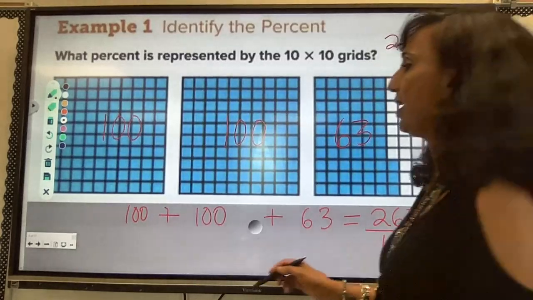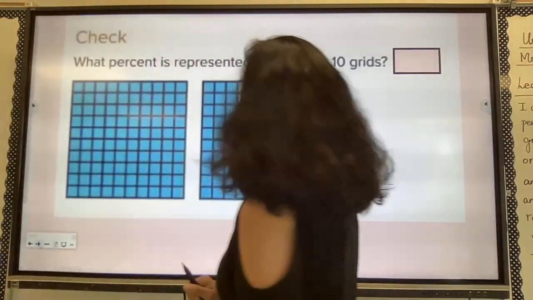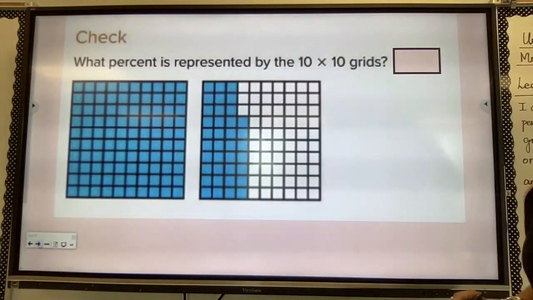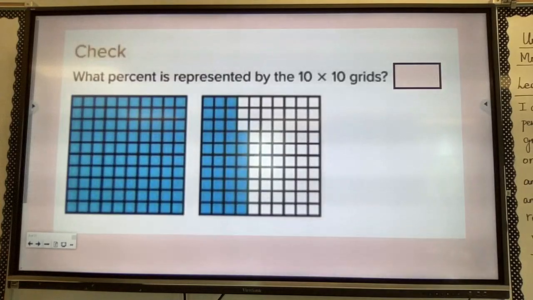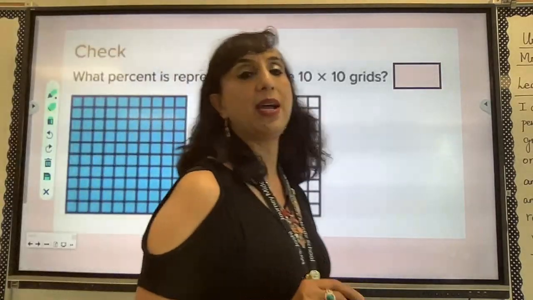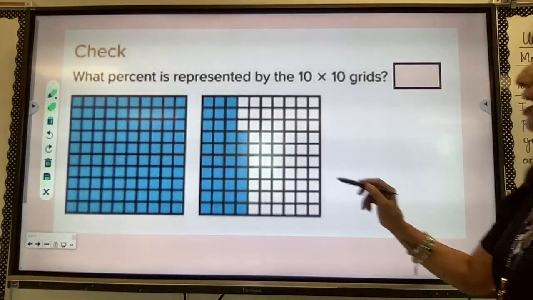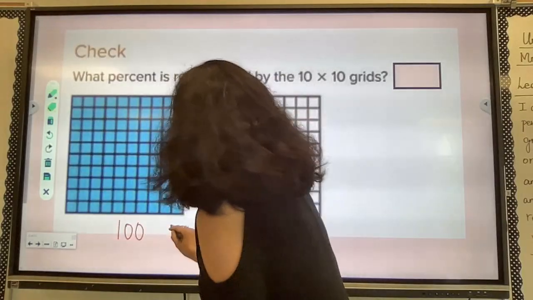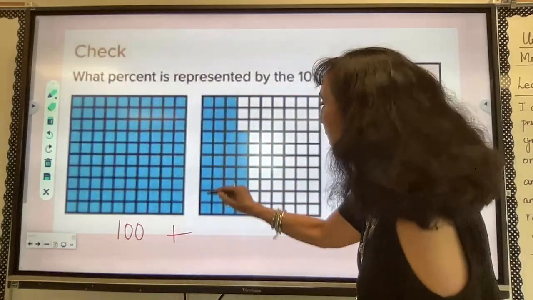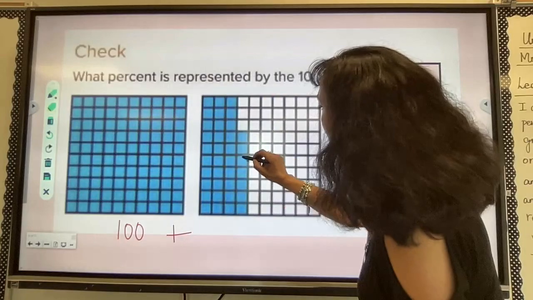So let's look at another one. What percent is represented by the 10 by 10 grid over here? I can see I have one whole, so this is 100 plus 10, 20, 30, 31, 2, 3, 4, 5, 6, 7.